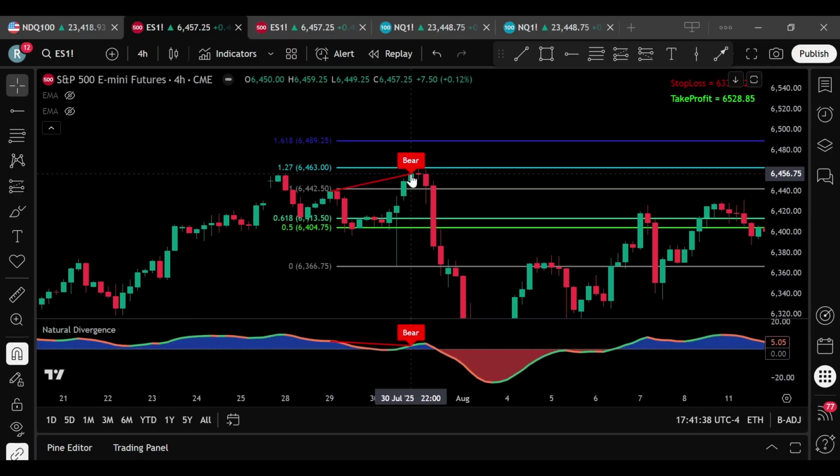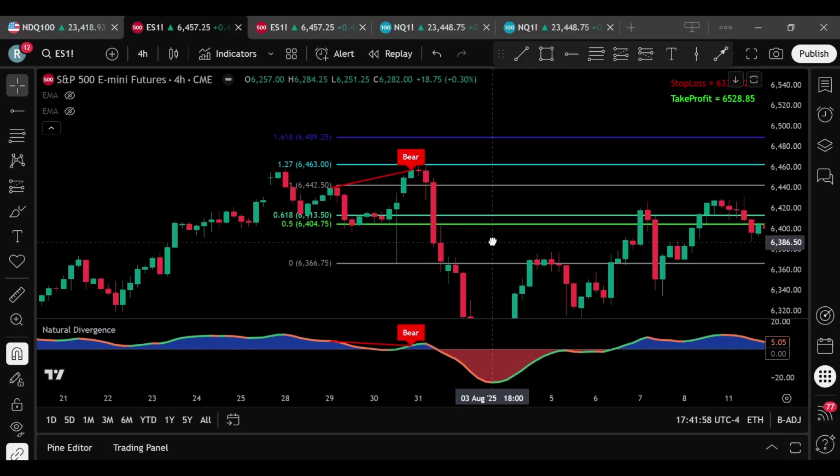Right as it does that, we find bearish divergence showing here. Then just a couple candles later, we now have the line turning red, indicating bearish momentum to the downside.